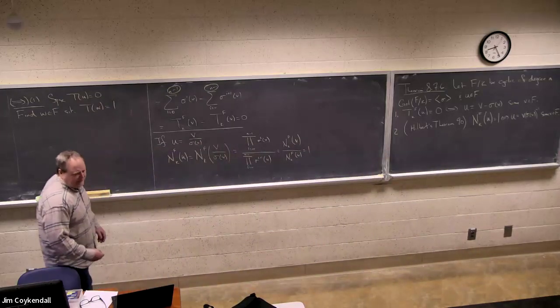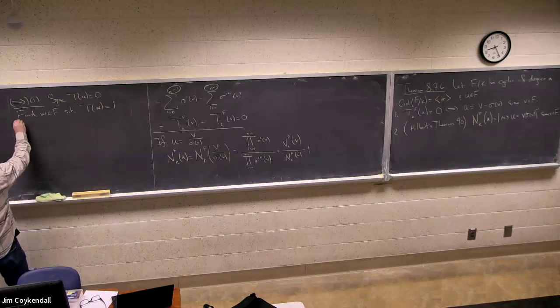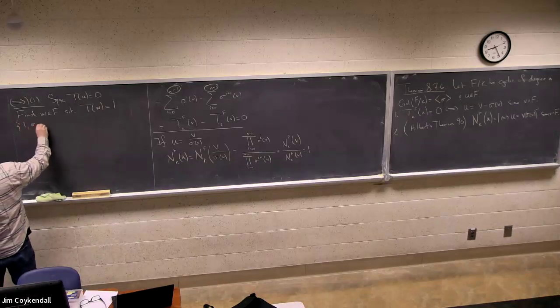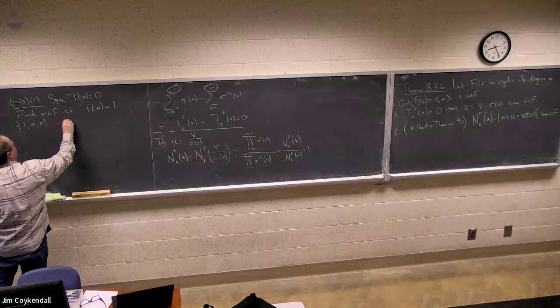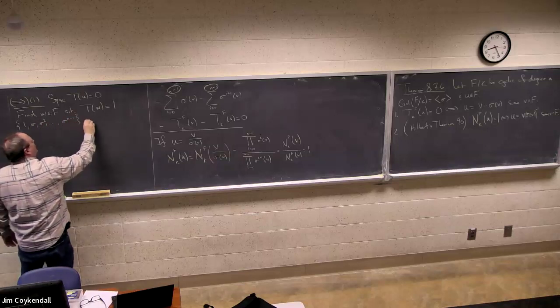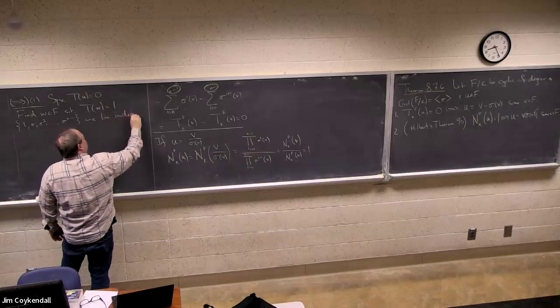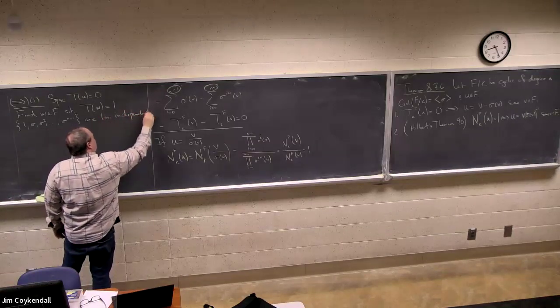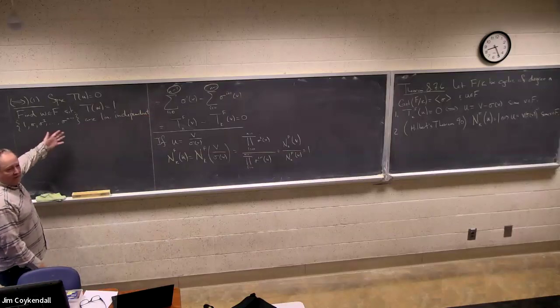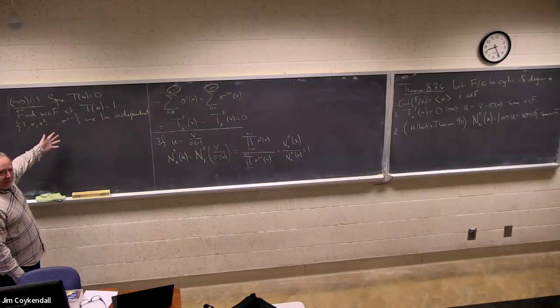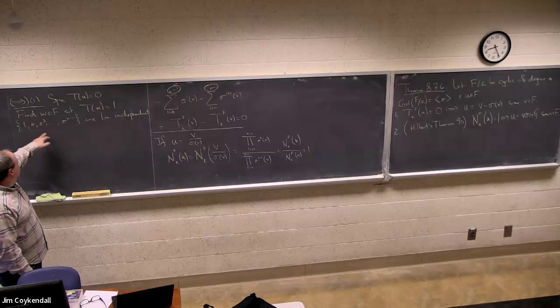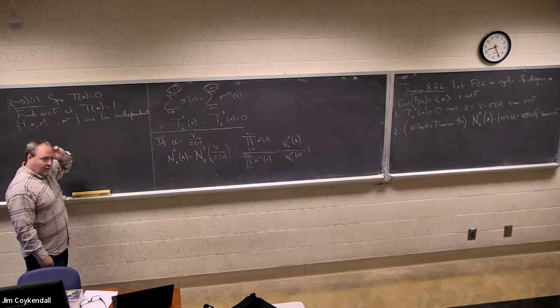Well, the automorphisms are linearly independent. Why? Because they're distinct, and that's the thing that proved you have distinct automorphisms. Of course, it's cyclic, and there you go.